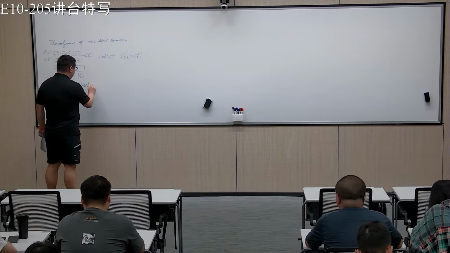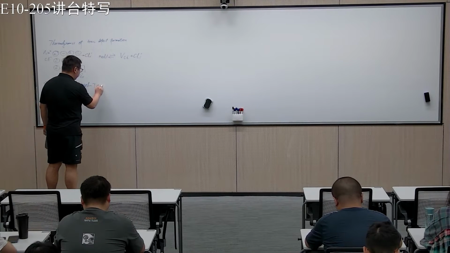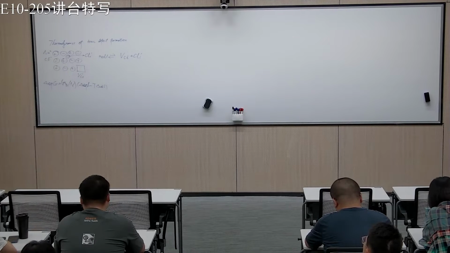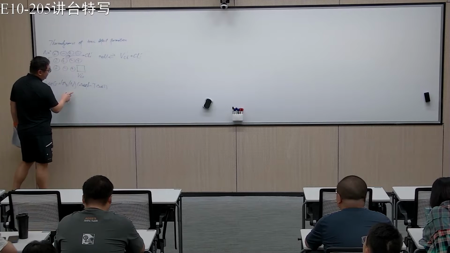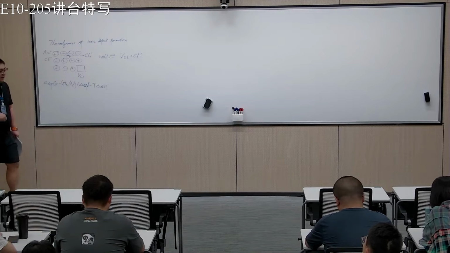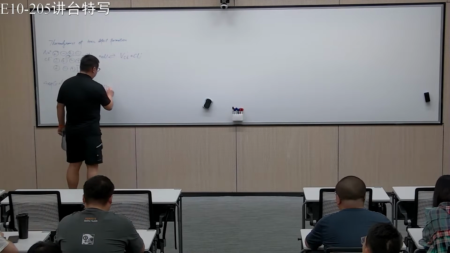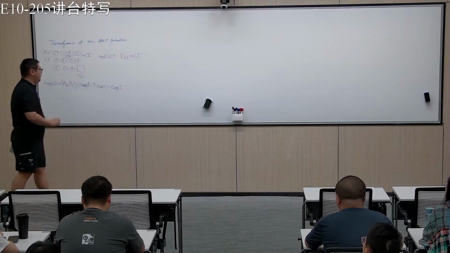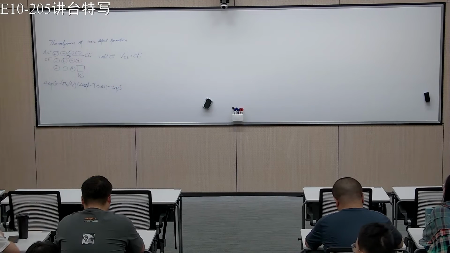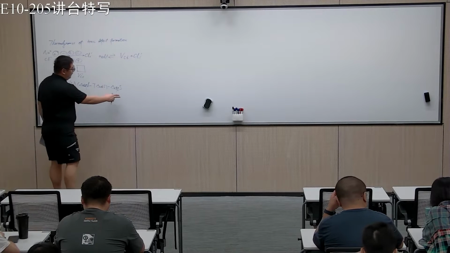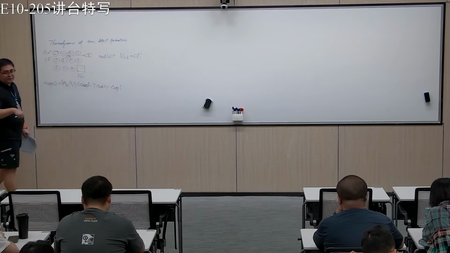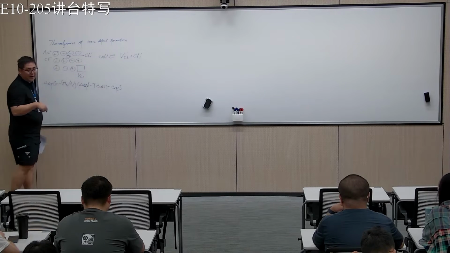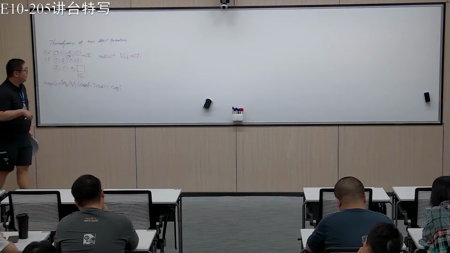Then we also have T delta S, but this S is vibrational entropy. These two basically scale with the number of defects you have. Then you have another one, which is very important, the configurational entropy. We talked about how to calculate this one. Without configurational entropy, we won't have any defects at finite temperature.